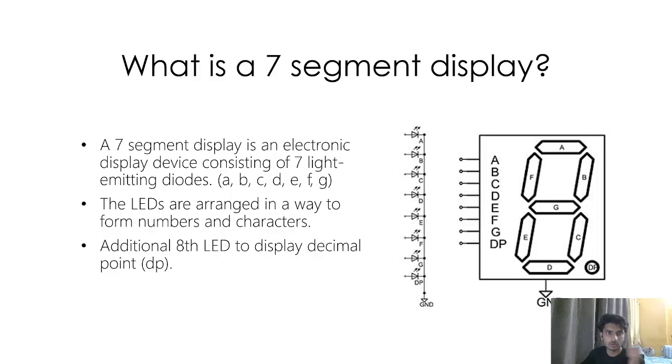There is also an optional eighth LED as the decimal point, commonly referred to as DP. Each segment can be turned on and off independently, and through this we can display 0 to 9 and several alphabetical characters.